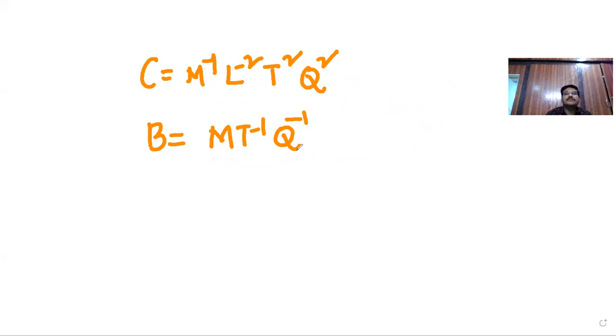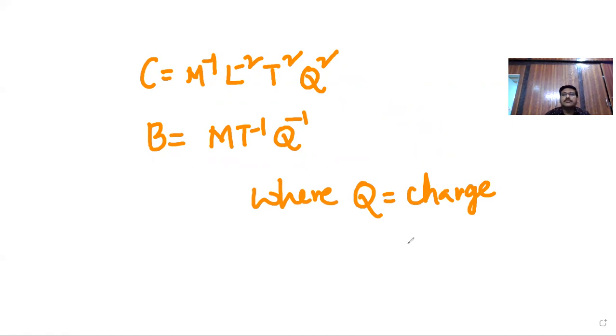Here also Q stands for the charge, coulomb, so it can also be expressed as current I into T. You can substitute A into T in place of Q also.